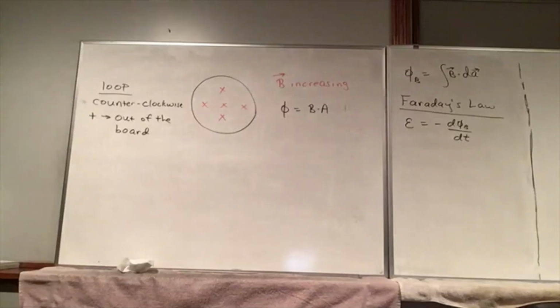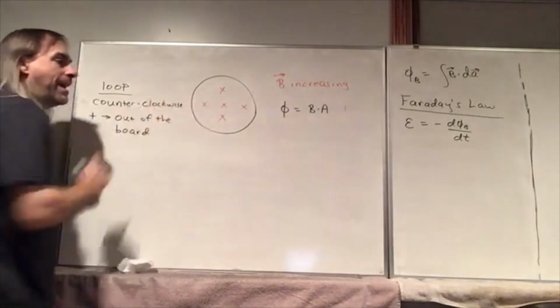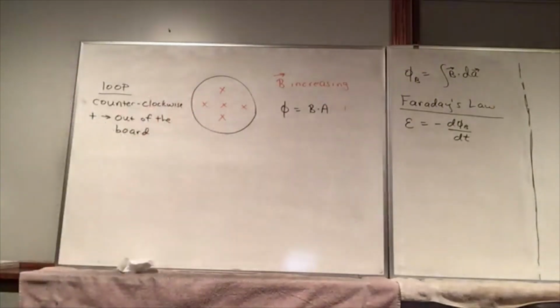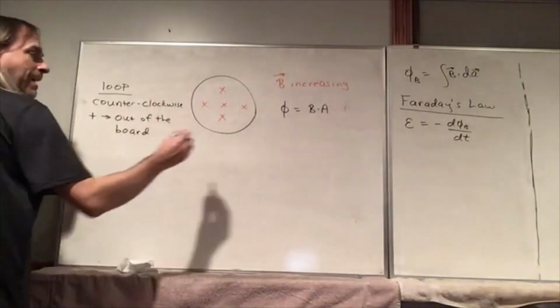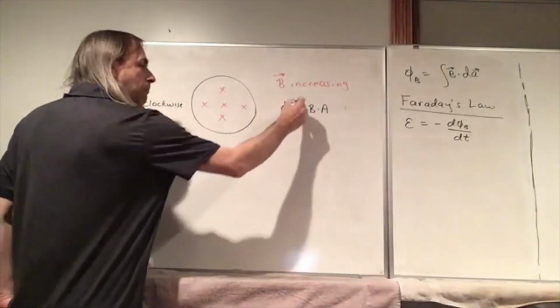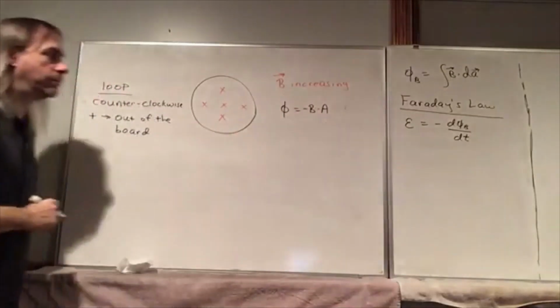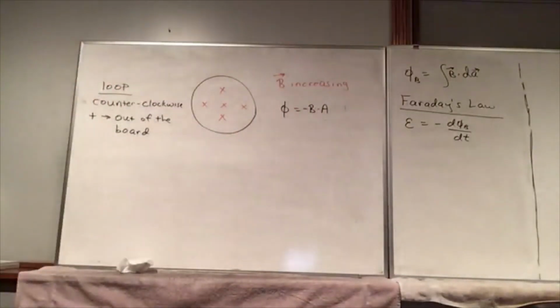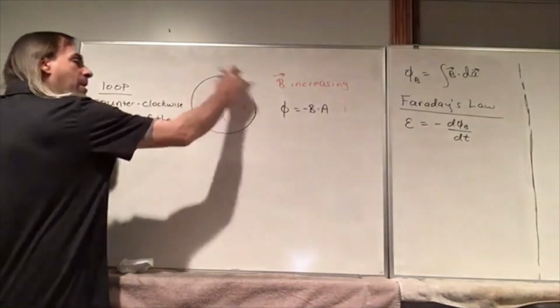In this case, because the magnetic field is into the board, that means that our flux is negative, just because we decided to trace our loop counterclockwise.